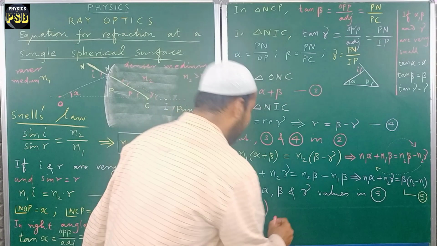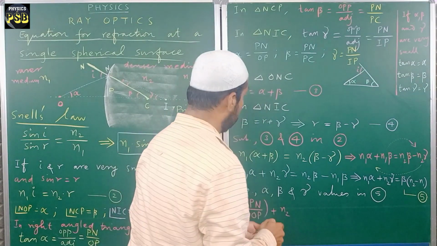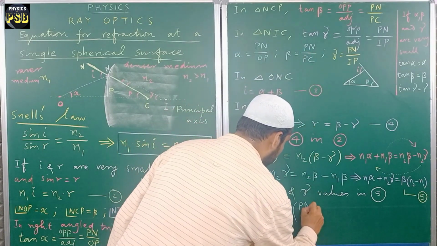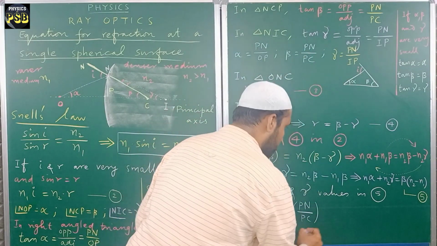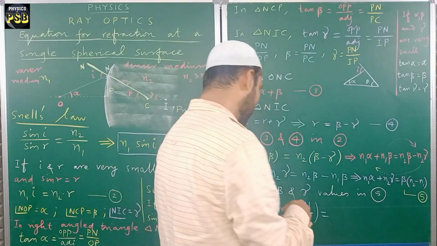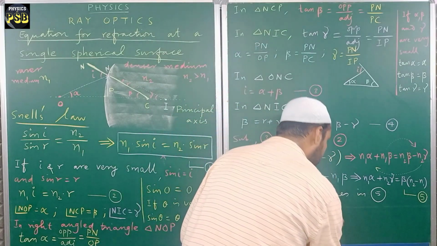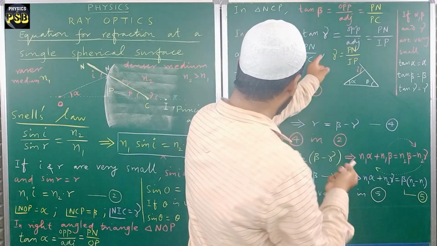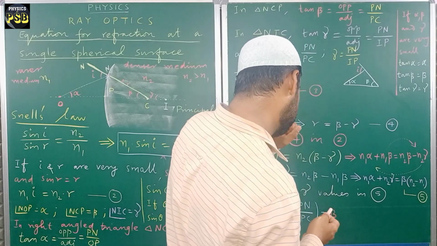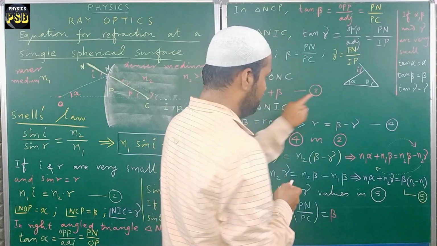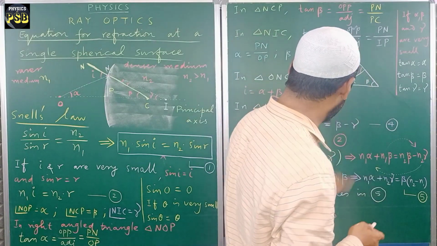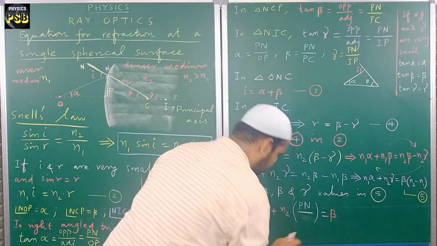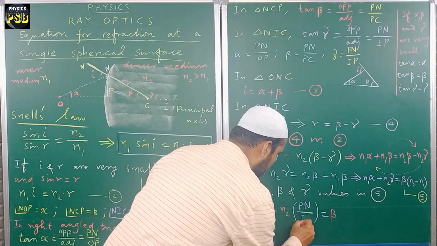Now plus n2 multiplied with Pn upon Pc, which is the value of gamma, and is equal to, here we have beta. Okay, I have made a small mistake here. I should mention the value of gamma, which is nothing but Pn upon Ip.